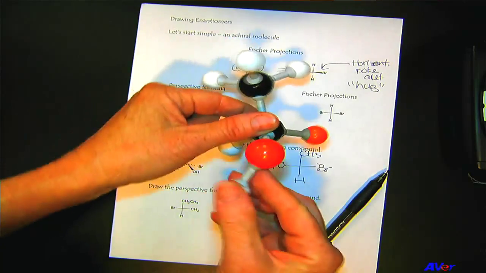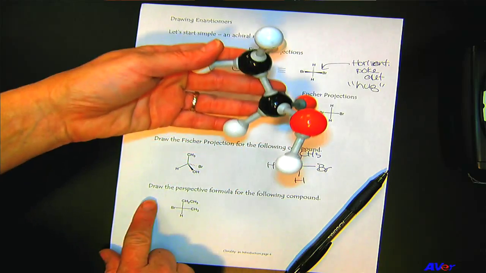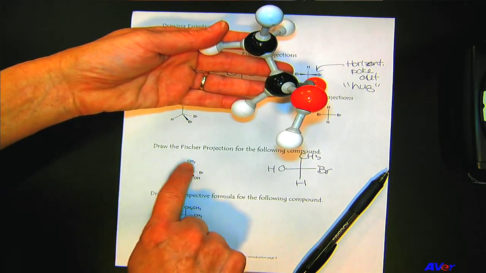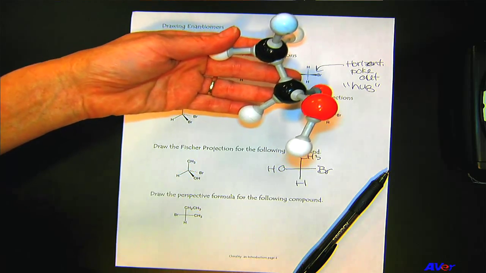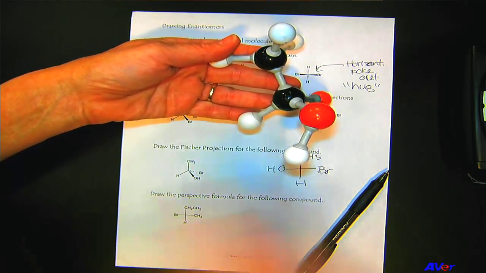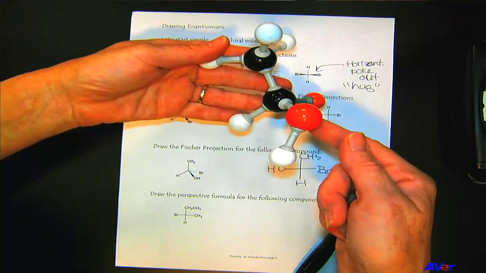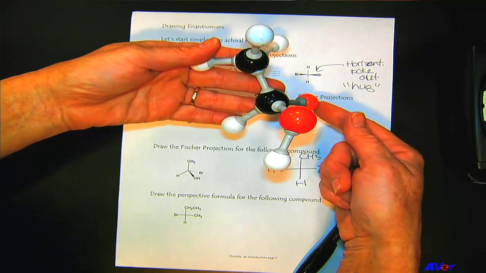So let's try that one more time. The hydrogen, the methyl, and the chiral carbon are all in the same plane of the paper. The OH is poking out, the bromine is going back.